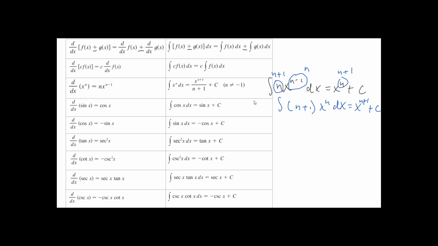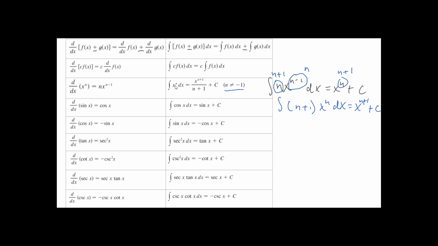The other comment I want to make for this formula is that here, n cannot be equal to minus 1. What's going on here? When n equals minus 1, you get 0 on the bottom, and you cannot divide by 0. Okay, why?